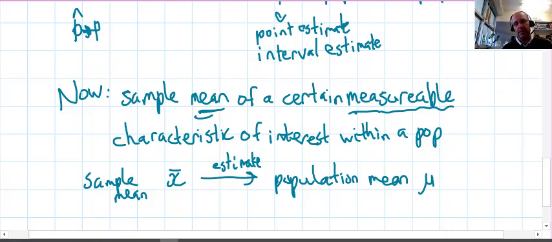Whereas now we're measuring an aspect related to a characteristic of interest, maybe mass, for example, or the number of hours. We're looking at the mean of the sample, and we're hoping that can be a reliable estimate of the population, one that we can have confidence in.